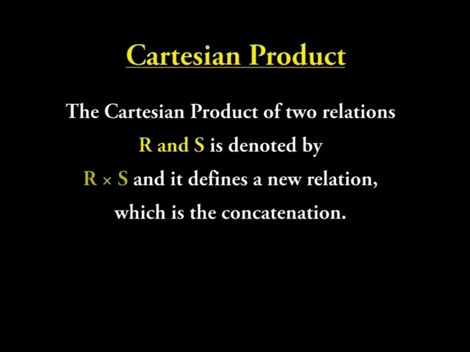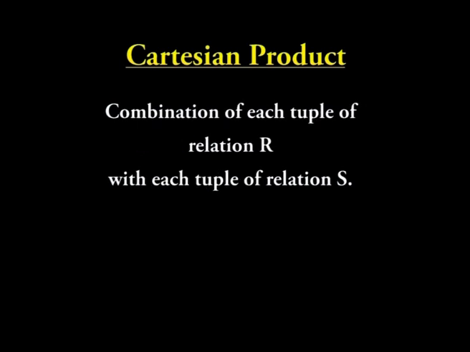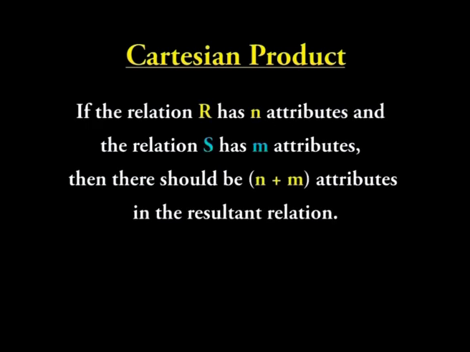The Cartesian product of two relations R and S is denoted by R cross S, and it defines a new relation which is the concatenation, or we can say combination of each tuple of relation R with each tuple of relation S. Suppose if the relation R has n attributes and the relation S has m attributes, then there should be n plus m attributes in the resultant relation.